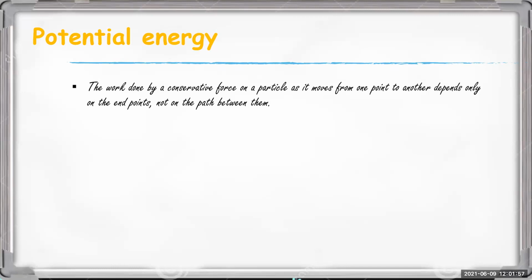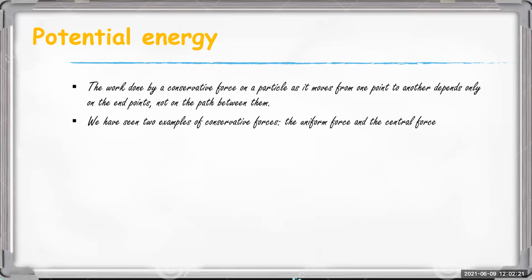We know that the work done by a conservative force on a particle as it moves from one point to another depends only on the endpoints, not on the path between them. We have seen two examples of conservative forces, the uniform force and the central force.